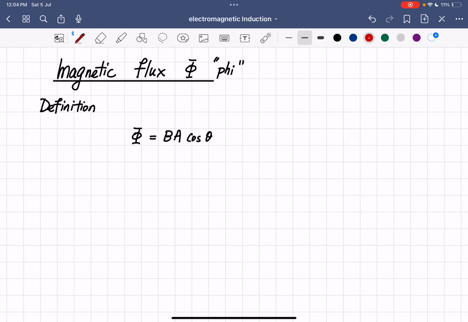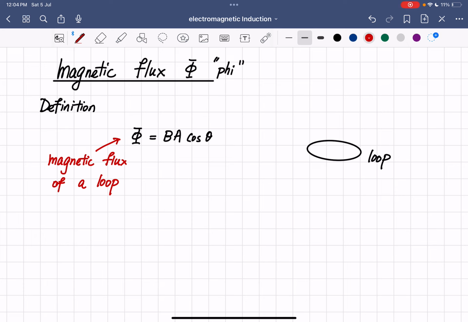When we talk about a magnetic flux, we usually refer to a loop. So this is the magnetic flux of a loop. The loop we're referring to here, you can just think about it like a circle. Let me draw a loop here. This is the loop.